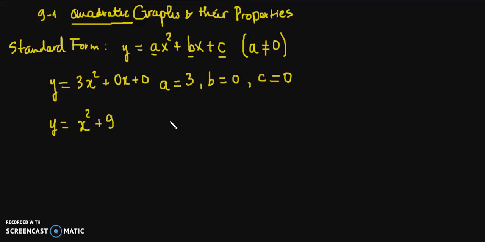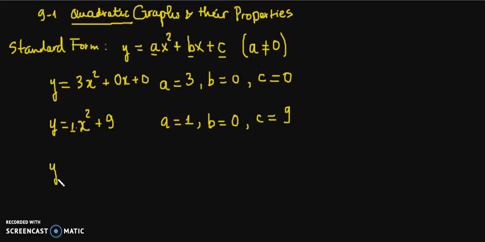Here a is the coefficient, the number in front of x squared, and here this is 1. Because it is 1, we don't write it out. Again, we don't see bx here, so b is 0. And c, the constant, the number without the variable x, is 9.